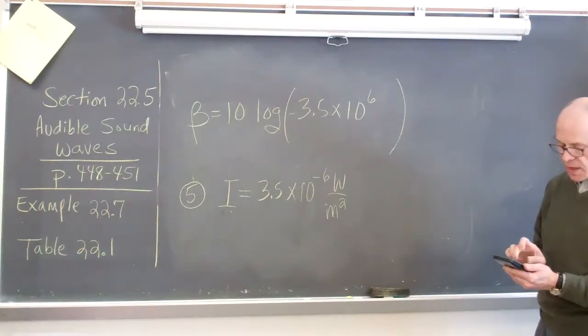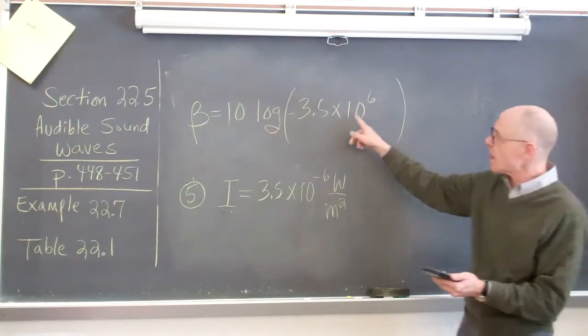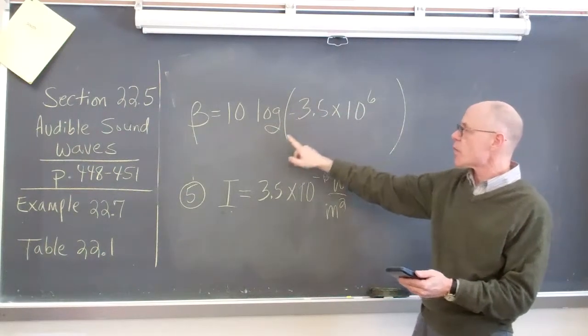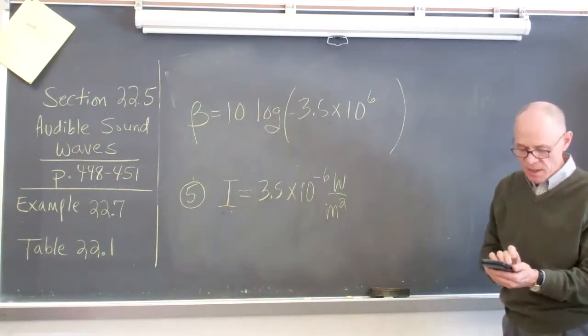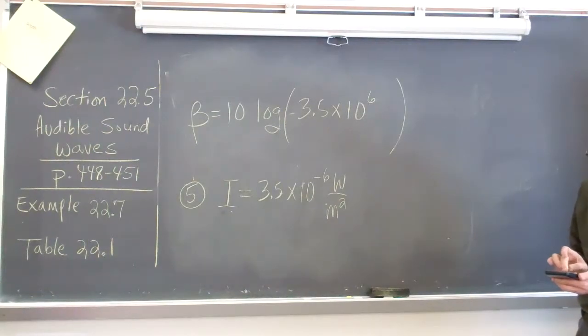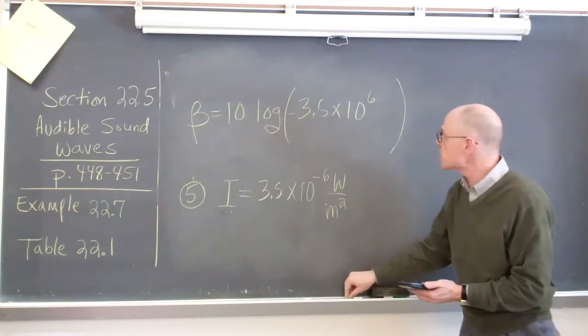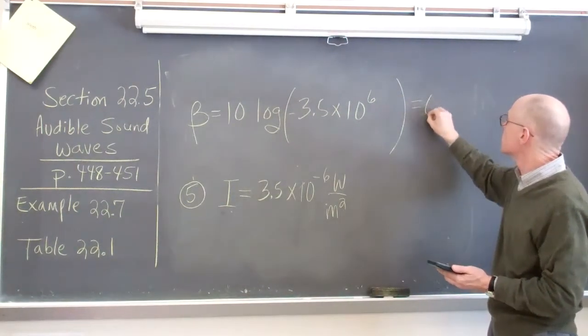Take the log of that number by pressing your log button, and then you would multiply. Don't forget, once you've taken the log of this number, you still have to multiply by 10 to get decibels. And I got about 65.4.